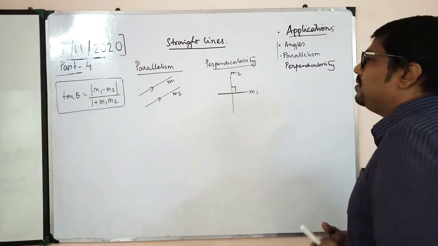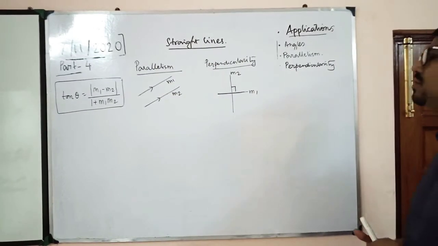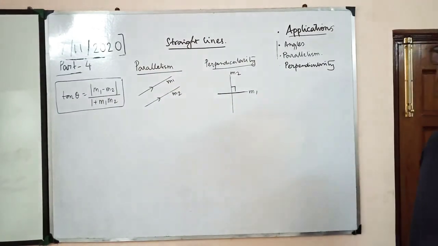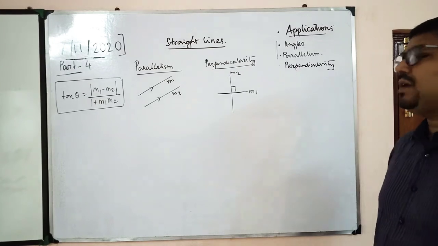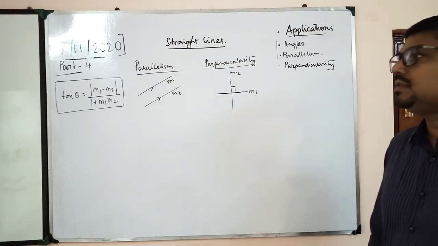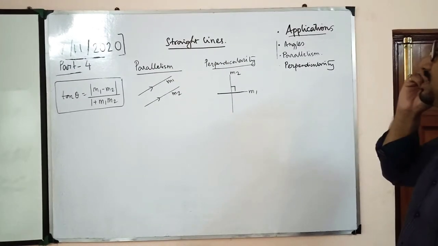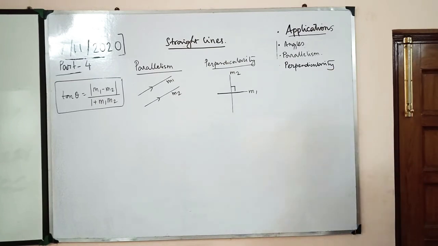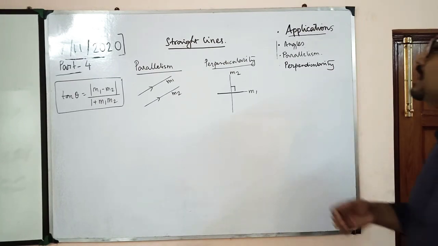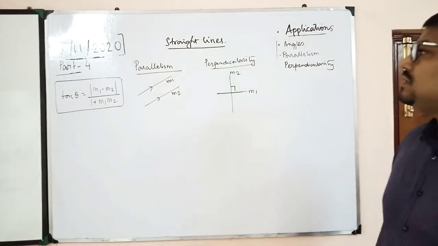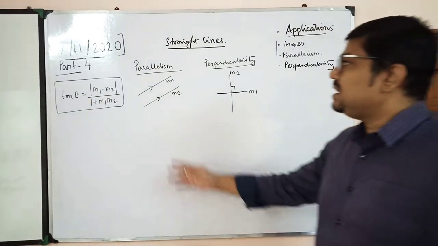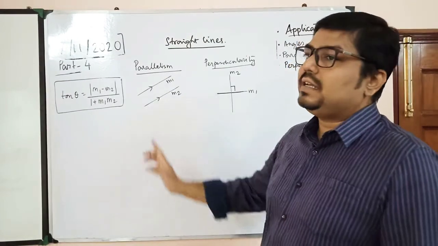Straight lines part 4. In this part we will learn how to write parallel equations of straight lines and perpendicular equations of straight lines. So this is kind of an application of the theory. Parallelism and perpendicularity. Parallelism means two lines are parallel.